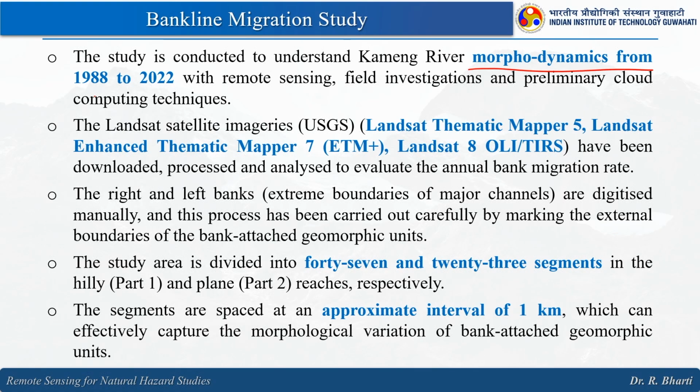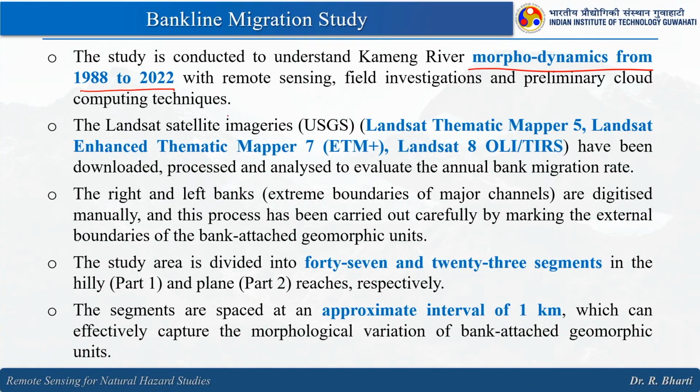In this study, we tried to understand the morphodynamics of the Kaming river between 1988 and 2022. Remote sensing data, field investigation and some cloud computing techniques were used. The Landsat satellite imagery from USGS was used and then processed to evaluate the annual bank migration rate.